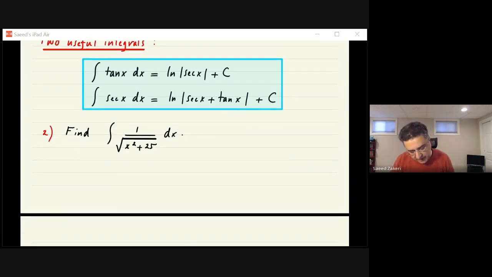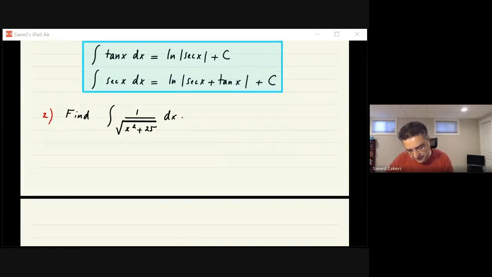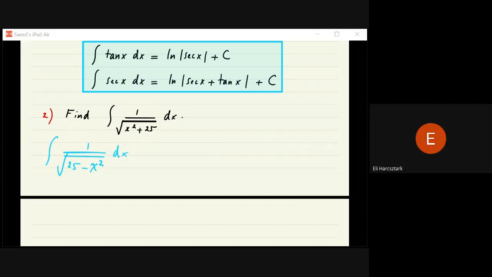Okay, let's do this integral: 1 over square root of x squared plus 25. Before I do this, let me ask you: if I had the square root of 25 minus x squared instead of this, what would you do? Please say it. Sine theta. Very good.